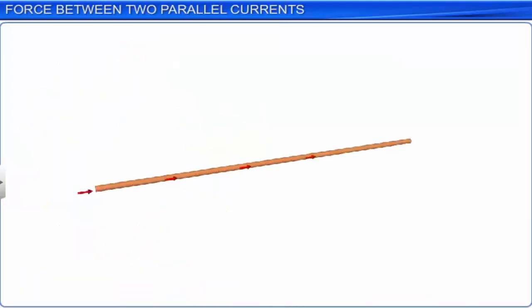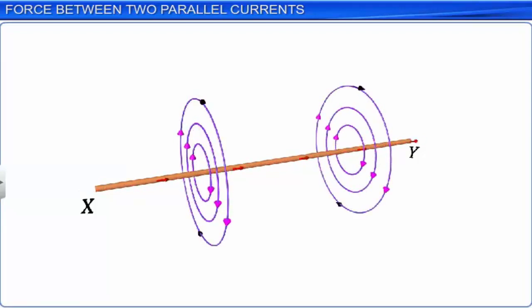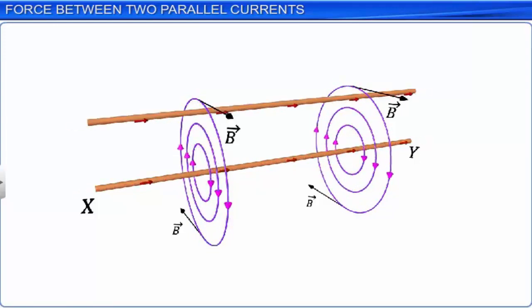Let us consider a straight current-carrying conductor, XY, of infinite length. And like any current-carrying conductor, it produces a magnetic field around it. Now we introduce another straight current-carrying conductor, PQ, of infinite length above XY.